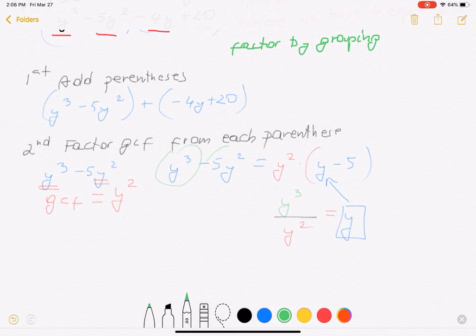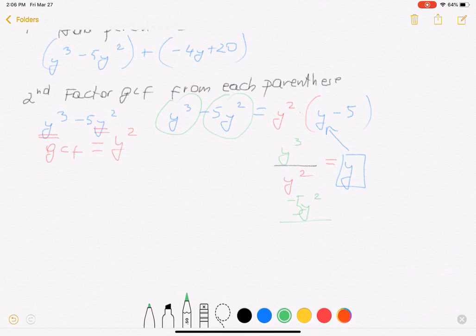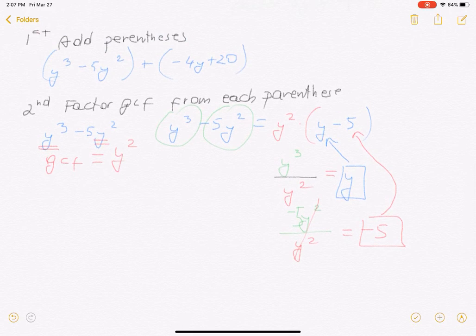Then take the second expression, which is negative 5y squared, divide by the GCF, which is y squared, and we end up with negative 5. That's why that negative 5 is right here. Okay, and we're going to do exactly the same thing with the second group.